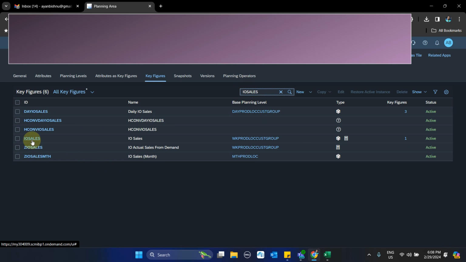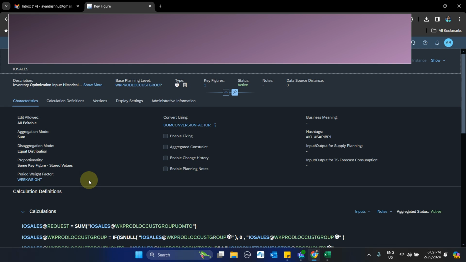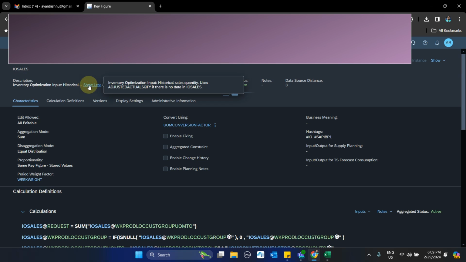So if you see, we have a key figure called IO cells. This is the standard input key figure that IO understands, where I will have historical sales quantity, which is used for multiple purposes.